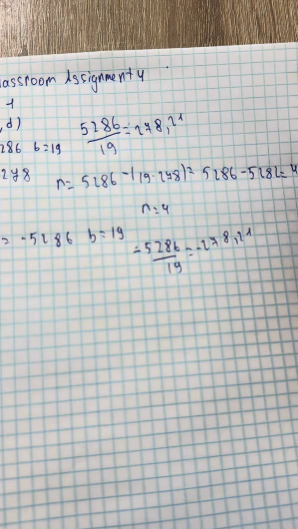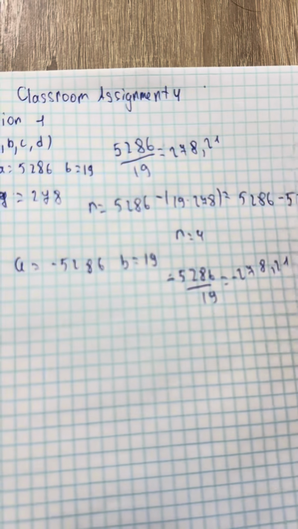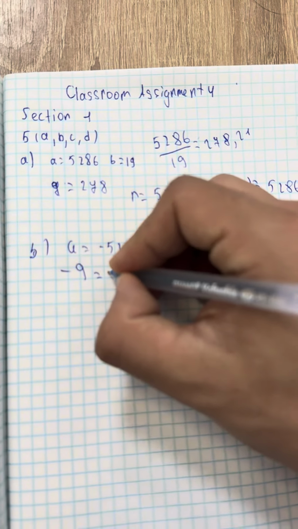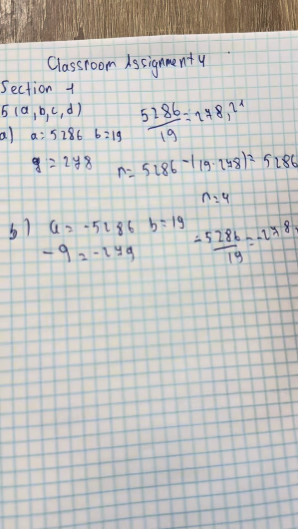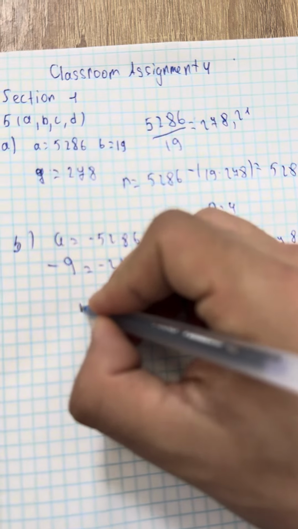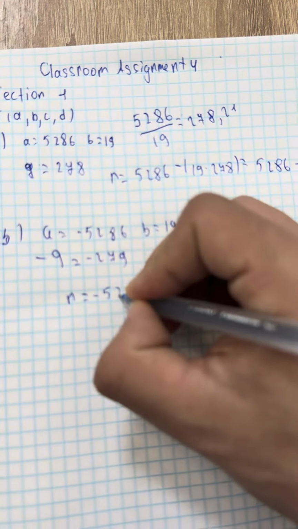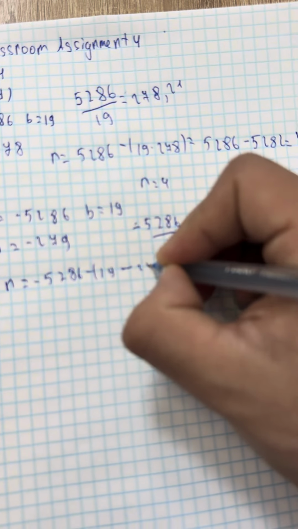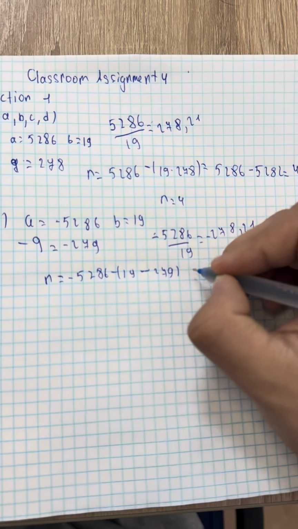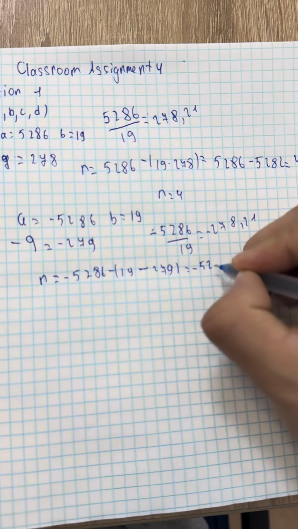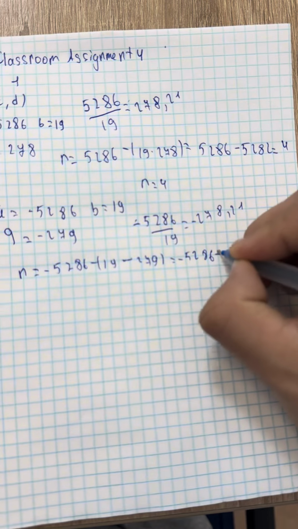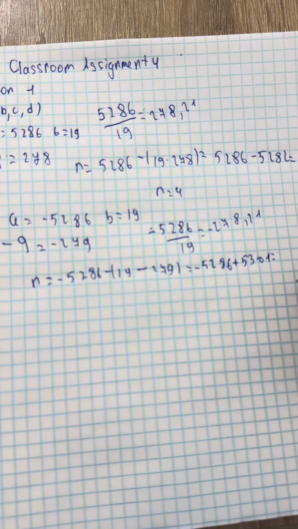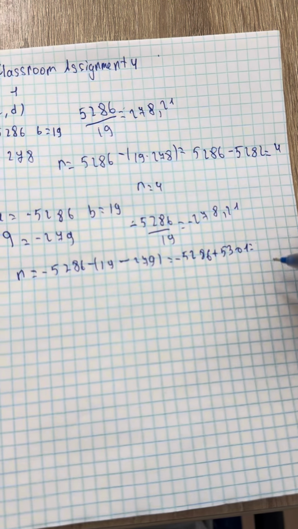So the result is 15 and our remainder R is 15.